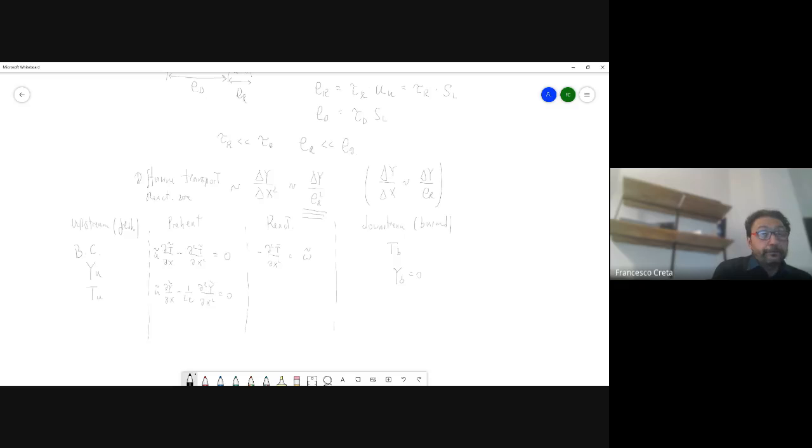And again, minus 1 over the Lewis number, second order derivative, equals the reaction. So that's what essentially we have.